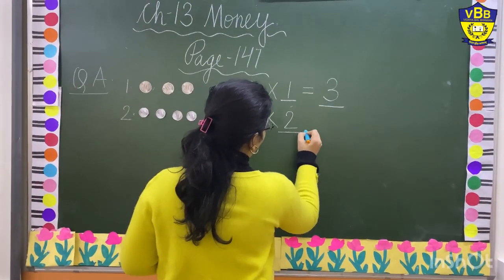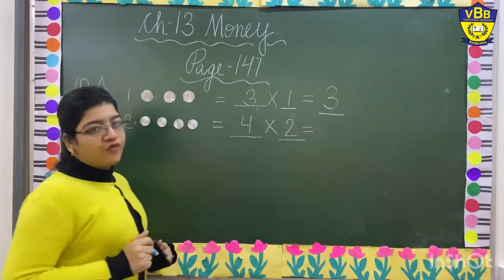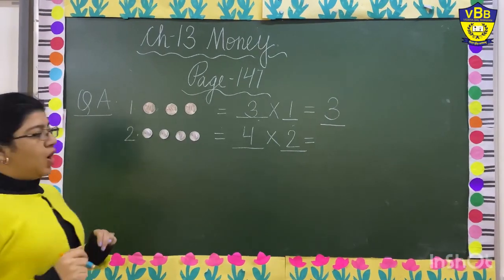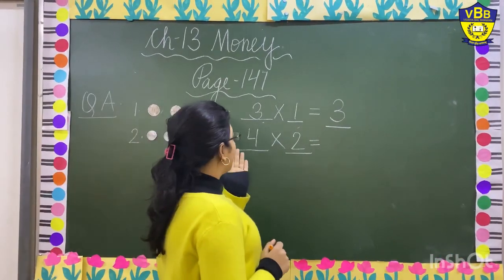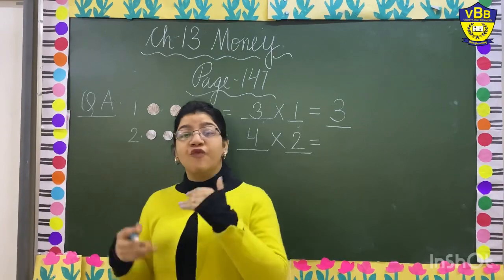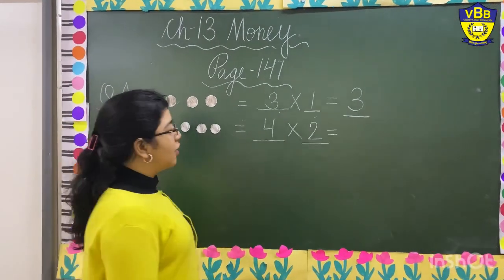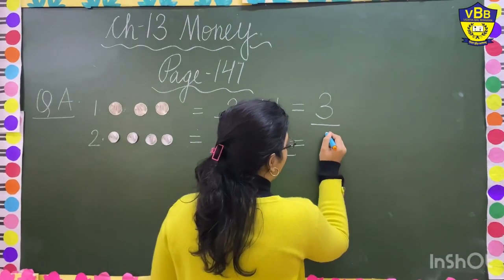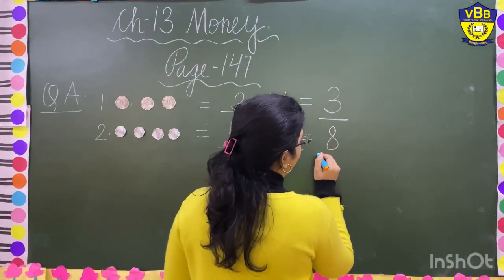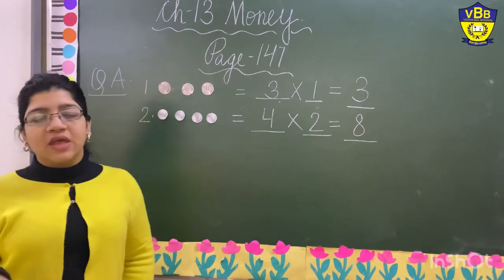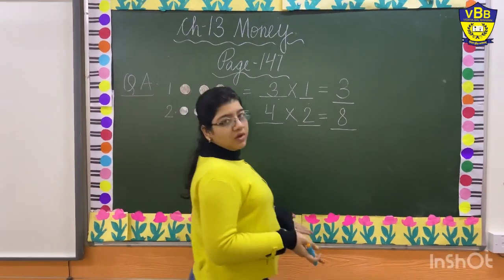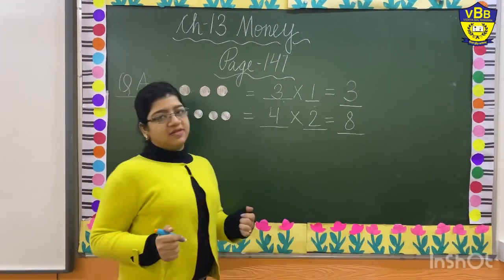Well done. Whenever we multiply 4 times 2 is, yes, well done, 4 times 2 is rupees 8. The rupees sign is already there in your books, so you only have to write the answer.